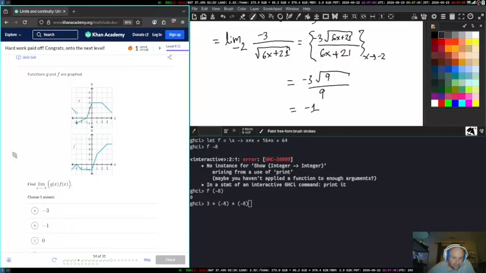Minus 3. G times F, I would say 0, because here you don't have a denominator issue, and it doesn't matter because it's finite times 0, so it's going to go to 0.